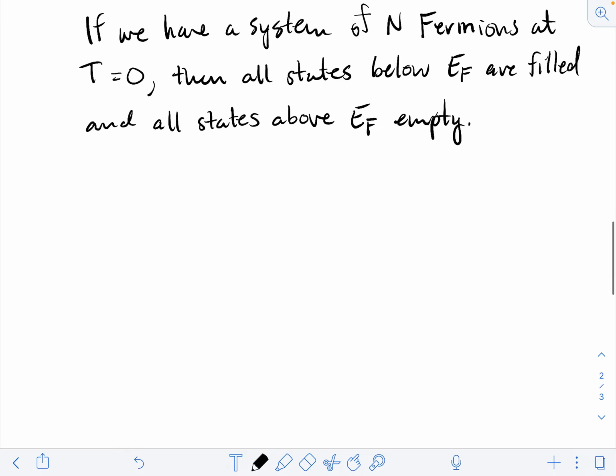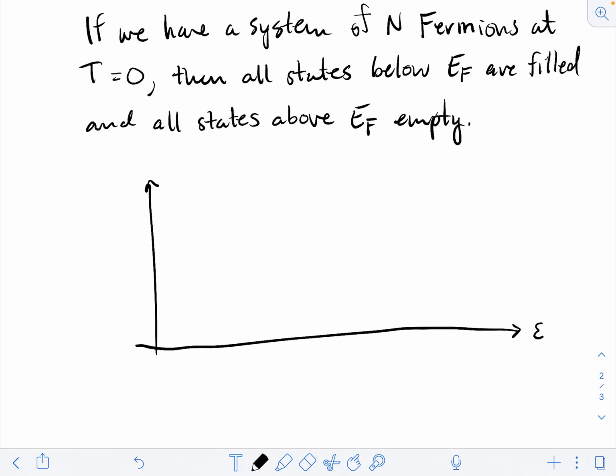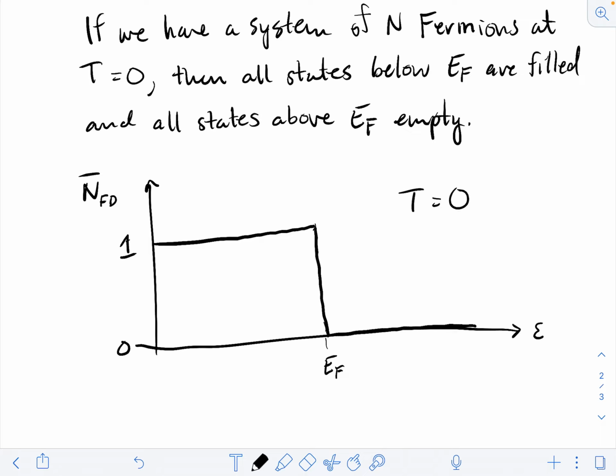For example, if we were to draw this occupation, I think we used the notation n Fermi-Dirac last time. If this is our Fermi energy, then states with energies below the Fermi energy would be filled, and above it would be empty. So here's 0, and this is what the T equals 0 distribution function looks like.